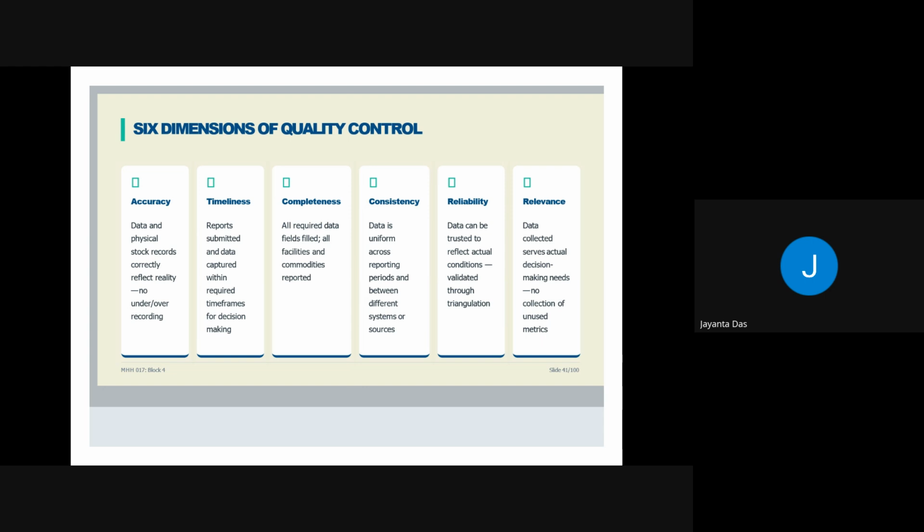Reliability: the data which we are feeding should be reliable, and it should be relevant data. So these are the quality indicators for the LMIS or the supply chain also: accuracy, timeliness, completeness, consistency, reliability, and relevance.